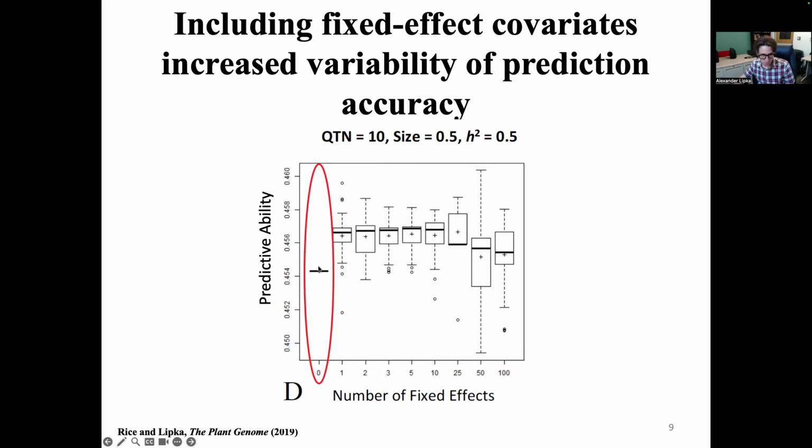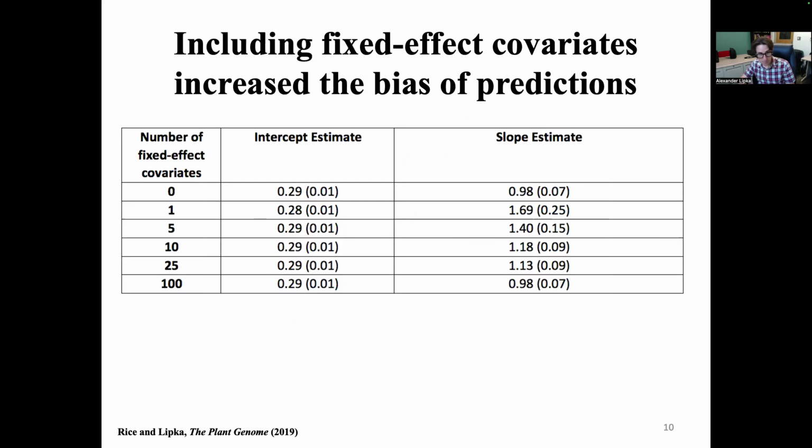This is the distribution of predictive abilities, okay, where we had 0 fixed effect covariates. And when we started including fixed effect covariates, look at how much greater the variability we see in these box plots. So this is telling us including fixed effect covariates increases the variability of predictive ability substantially.